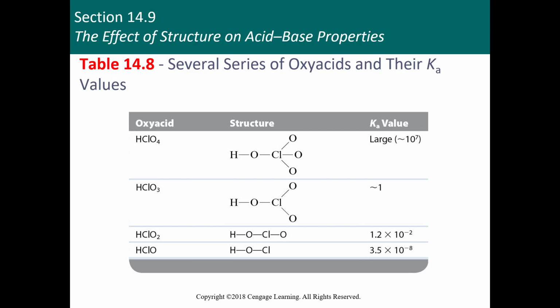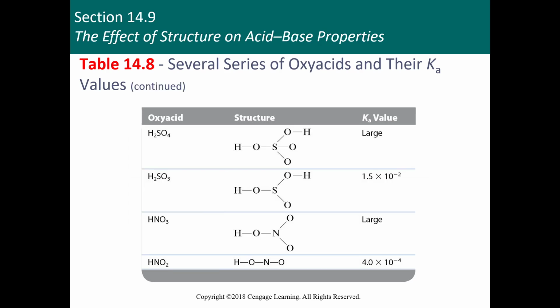Something that you don't get total on these. But okay, so here are examples of the chlorines: ClO4, ClO3, ClO2, ClO. And this right here is a strong acid, actually, and these are weaker acids. Right here we see our SO4s and NO3s, like I said before.